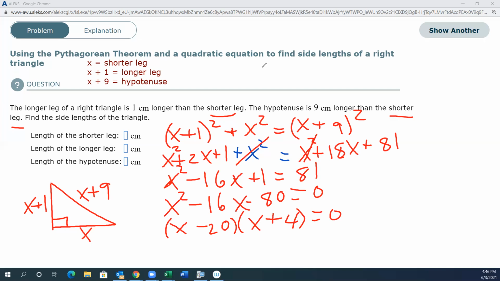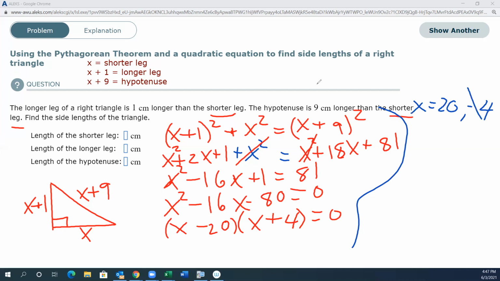So now it's factored. And so when I set each factor equal to 0, I'm running out of room, so I'm going to change colors and say, all right, when I set that to 0, that's going to give me 20. And when I set this to 0, it's going to give me -4. So now, what does x stand for? X is the short leg.